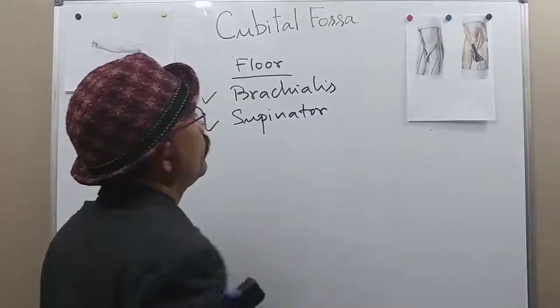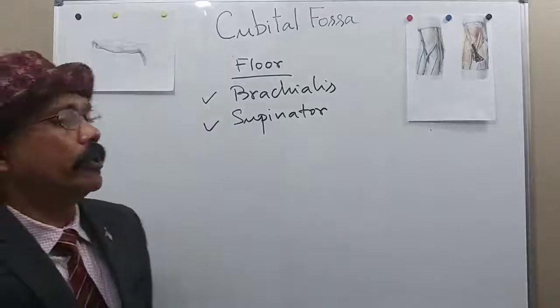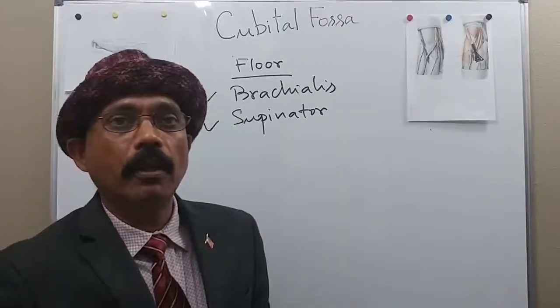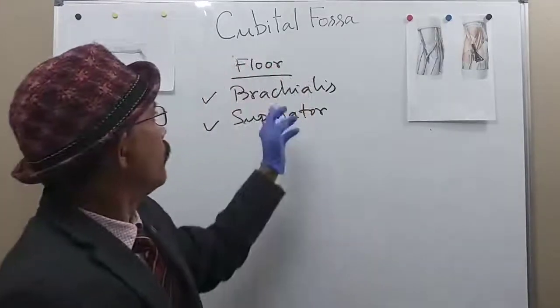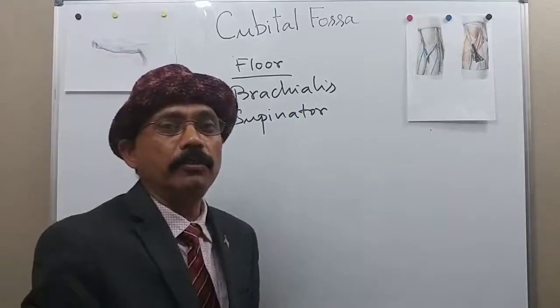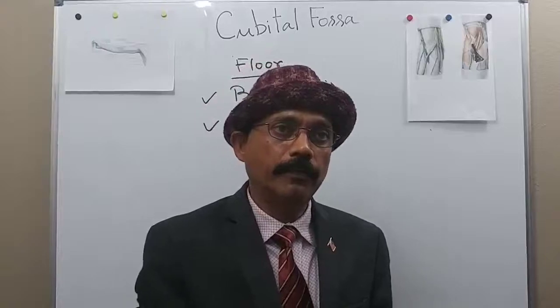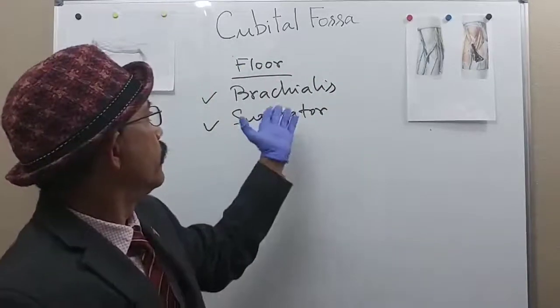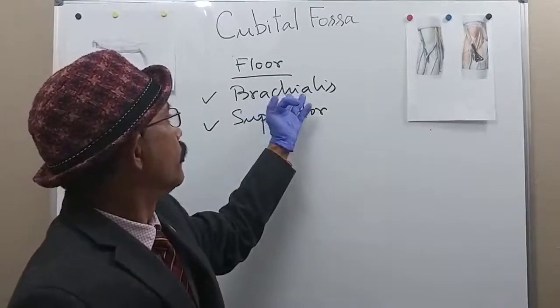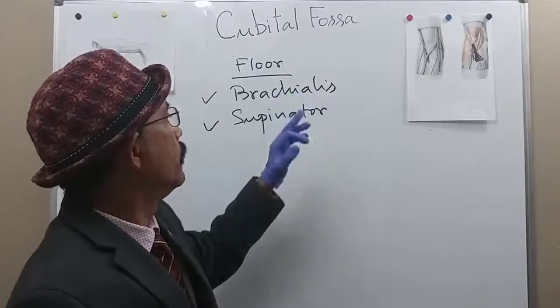These two muscles form the floor of the cubital fossa. Brachialis will insert into the ulnar tuberosity and coronoid process of the ulna.